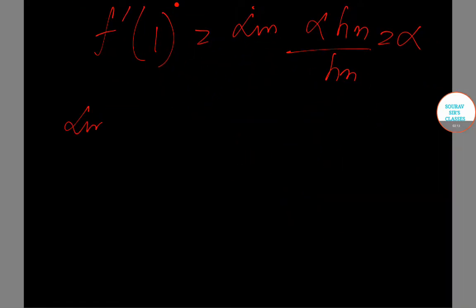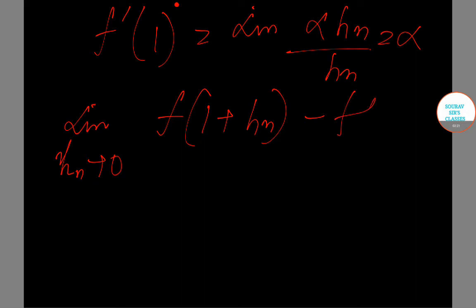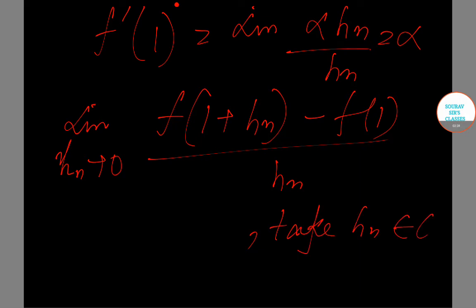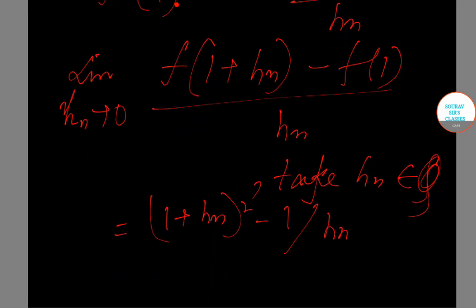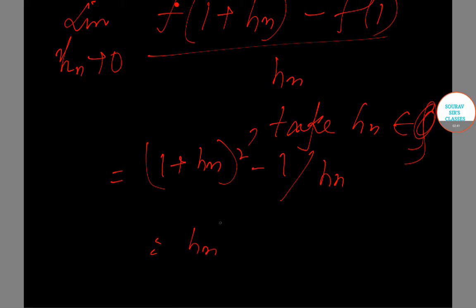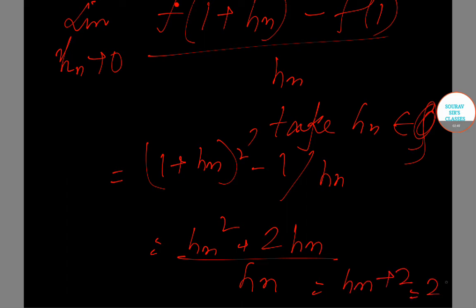Now limit h_n tends to 0 for f of 1 plus h_n minus f of 1 by h_n, for which we take h_n belongs to Q. This equals 1 plus h_n whole square minus 1 by h_n, and this gives us h_n square plus 2 h_n by h_n, which is equal to h_n plus 2, which is equal to 2.